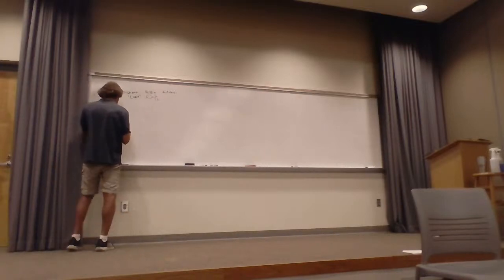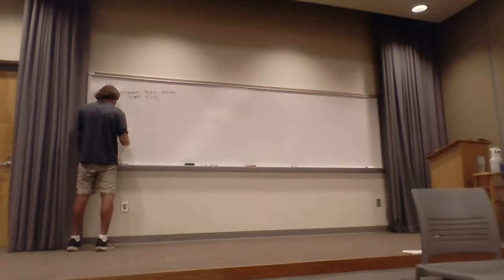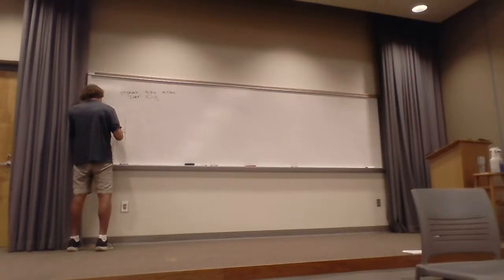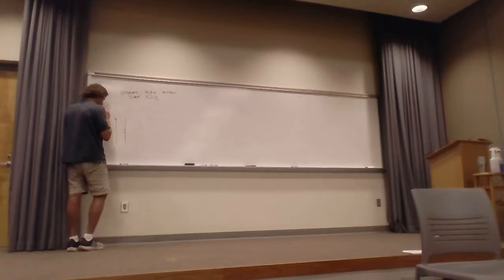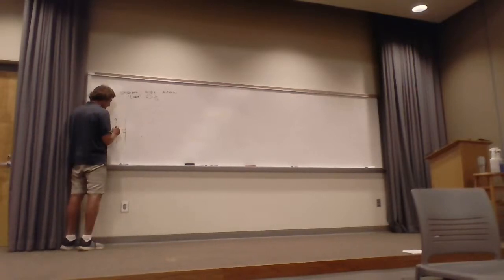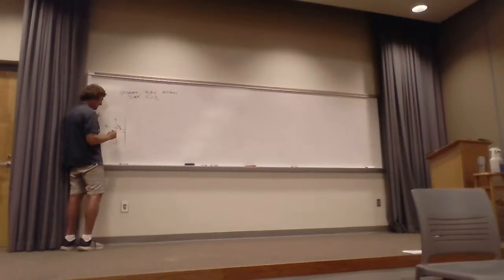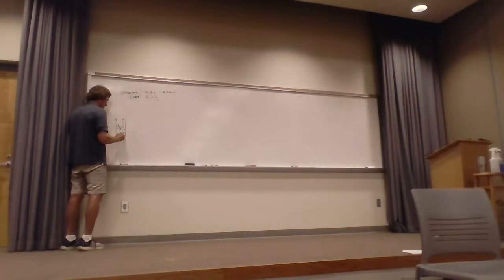So here we go. Now I have an antenna with a total length of L, and it's going to have some current I going into it. Some will go up, some will come out this way.